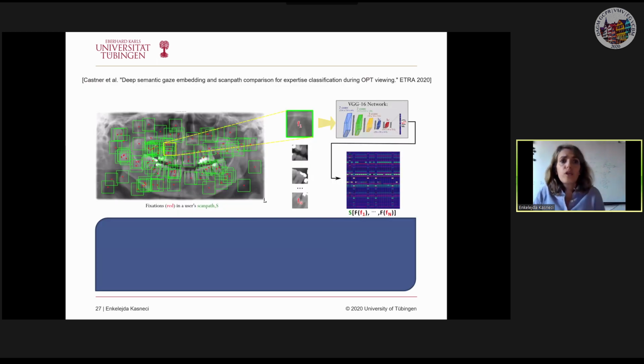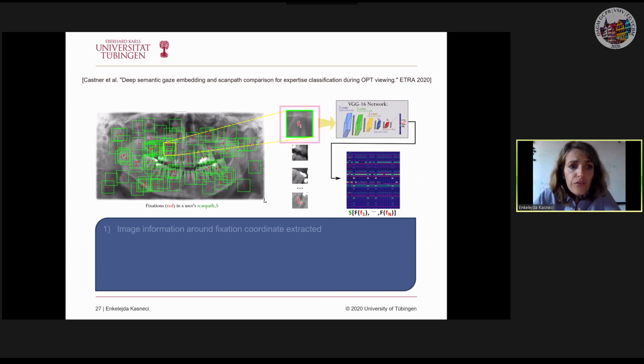So what did we do in detail? This is one of our recent works in this area. As I mentioned before, around each fixation we extract an image patch.